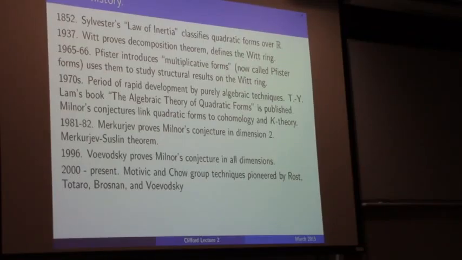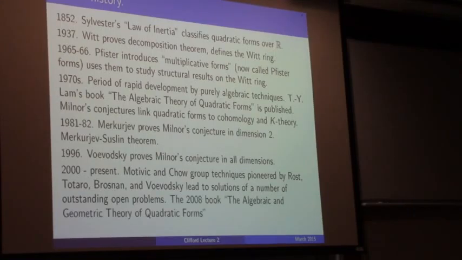And so these techniques led to solutions of a number of outstanding open problems that didn't yield to the more elementary algebraic techniques. And so the book, The Algebraic and Geometric Theory of Quadratic Forms by Elman, Karpenko, and Merkurjev, popularizes these developments, and that's where we are today.